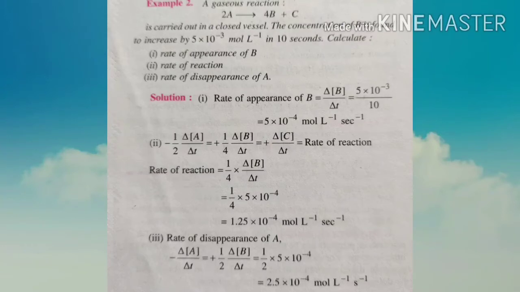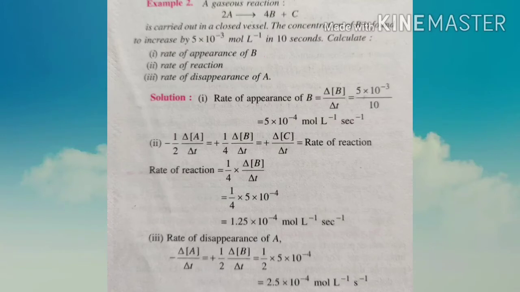for the calculation of rate of reaction, when we write the rate of reaction, then we will divide the concentration of each reactant and product by the stoichiometric coefficient. So first we can write -1/2 delta A/delta t is equal to plus 1/4 delta B/delta t is equal to plus delta C/delta t, and it will be positive because it is a product.